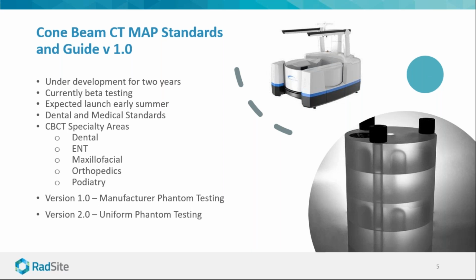And then today you'll hear a little bit about us moving to version 2.0, where there'll potentially be uniform physics testing requirements. But the goal here is really to leverage the opportunity where we can promote better clinical outcomes, and provide the right image to the patient at the right time for their clinical diagnosis. And you'll hear today that there are certainly cases where cone beam CT imaging makes the most sense.